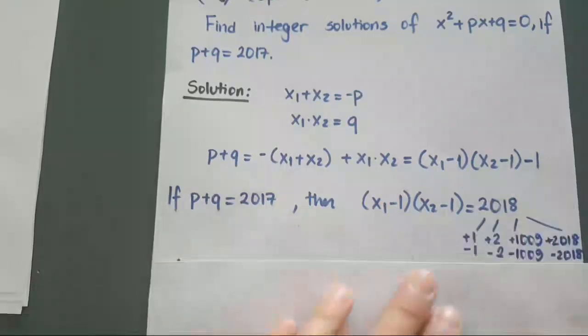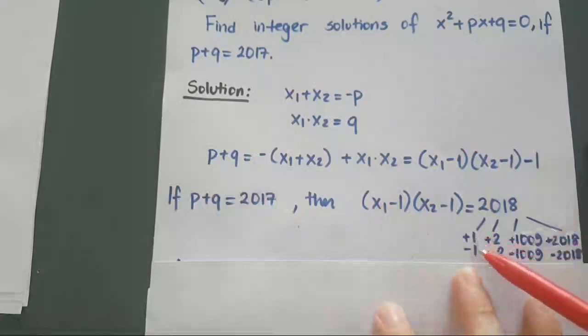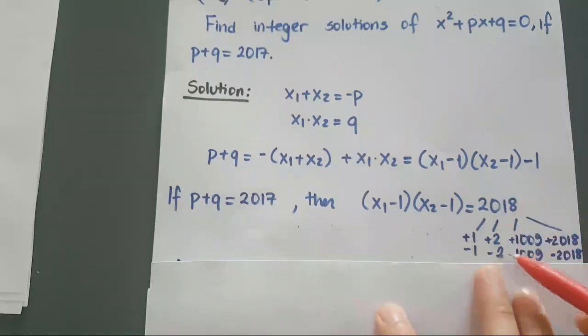2018 integer factors: 1 times 2018 gives me 2018. So I have written positive and negative 1, positive and negative 2018. And when I divide it by 2, 2 times 1009 and negative 2 times negative 1009.